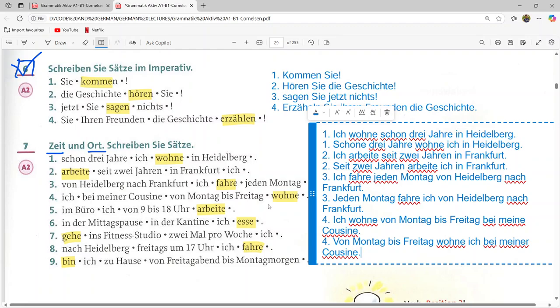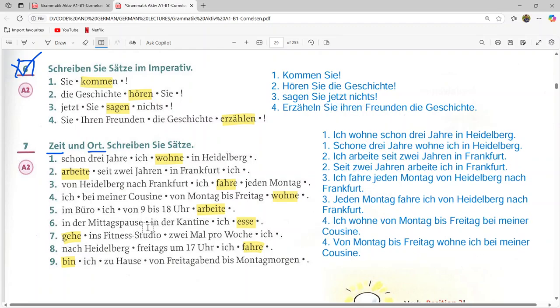So from Monday to Friday I live with my cousin. Okay, so the first 4 are done. We'll do the next 5 later. At first, let me tell you, the verb is in the second position. The verb is also in the second position here. Both cases have the verb in the second position.